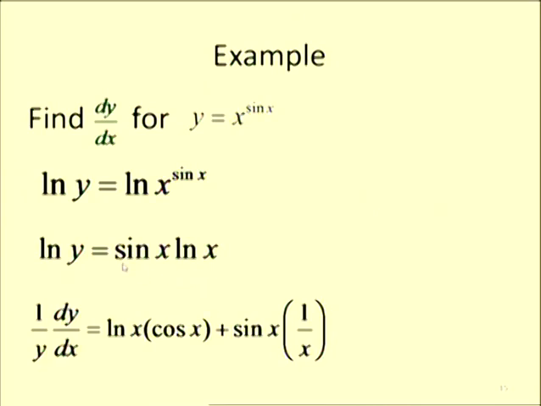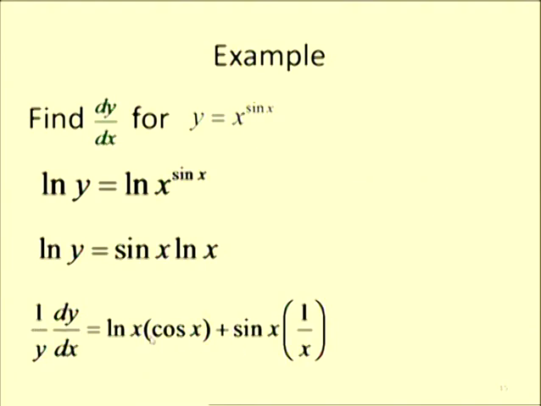So we keep the first function, the second function as it is, that is log x, and taking derivative of the first function, that is sine x, that is cos x here, plus sine x we keep as it is into derivative of the second function, that is log x, it is 1 upon x. So sine x, derivative of sine x is cos x, log x as it is, plus sine x as it is into derivative of log x, that is 1 upon x.